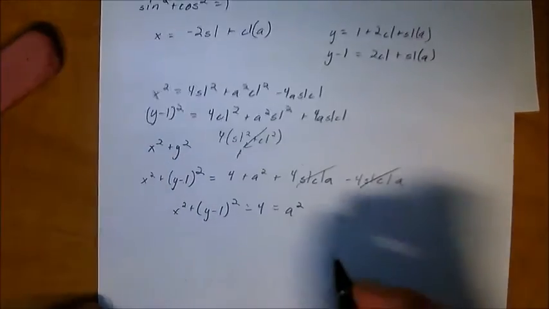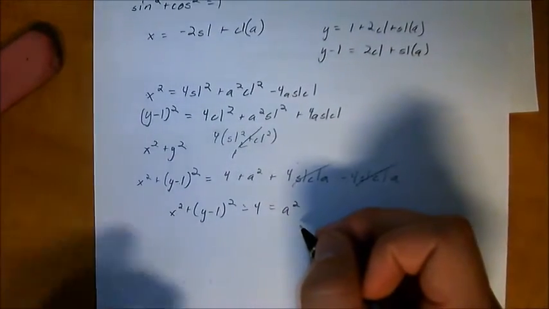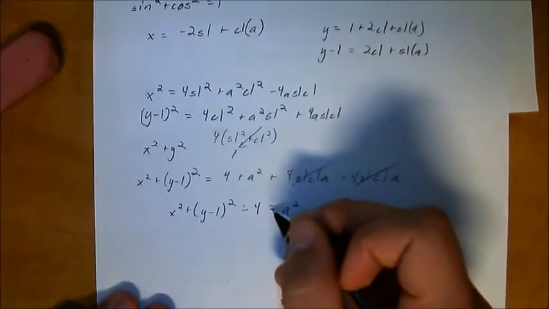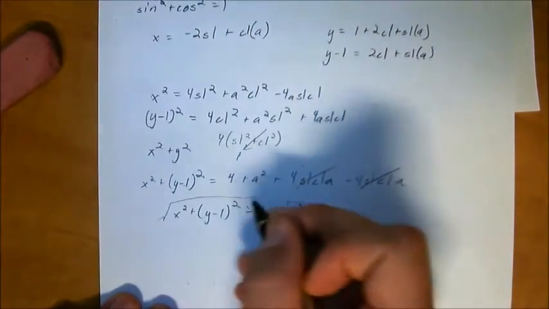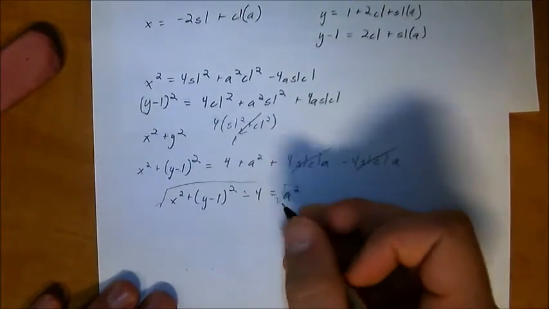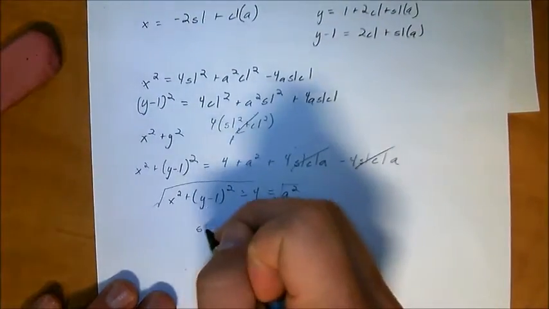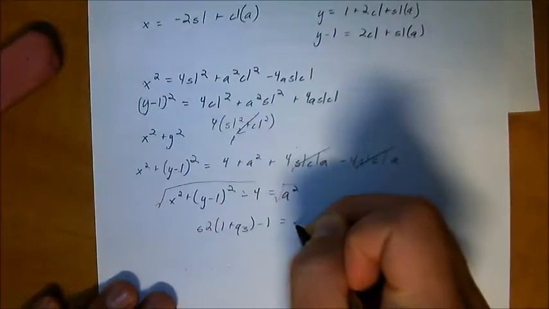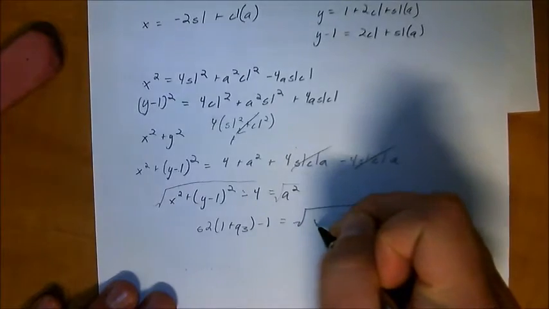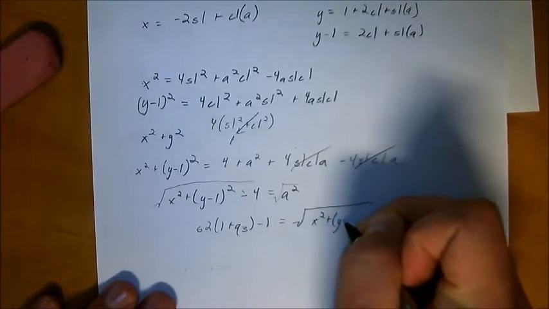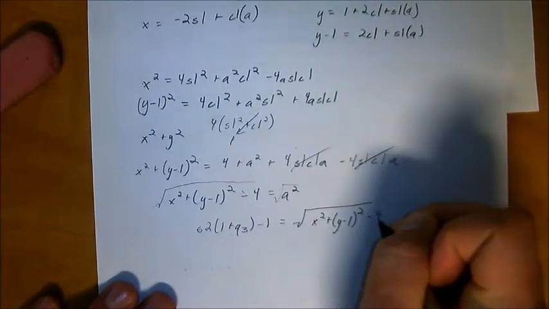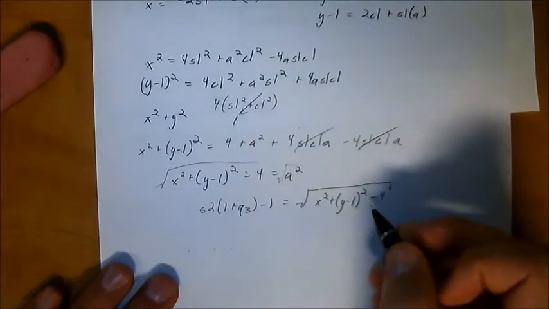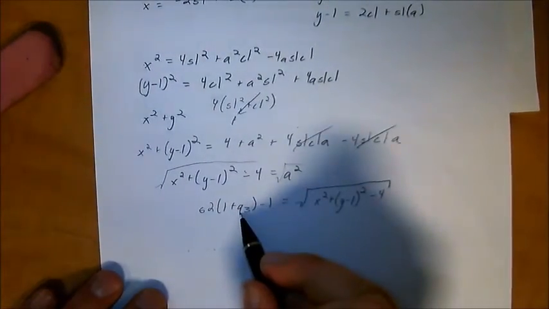So then, going on with that a little further, if I take the square root of both sides, and then I put in a's actual value, so a is equal to s2 of 1 plus q3 minus 1, equal to the square root of x squared plus y minus 1 squared minus 4, just like that. So plugging in the value of a.